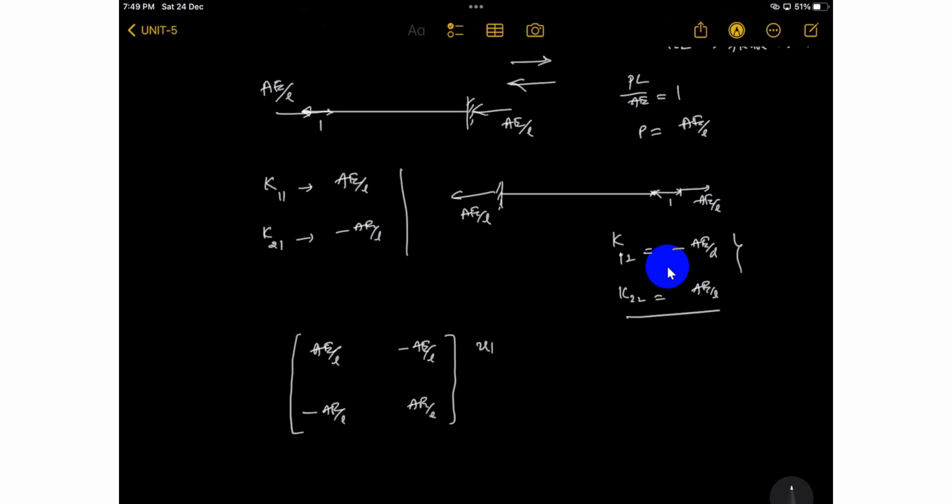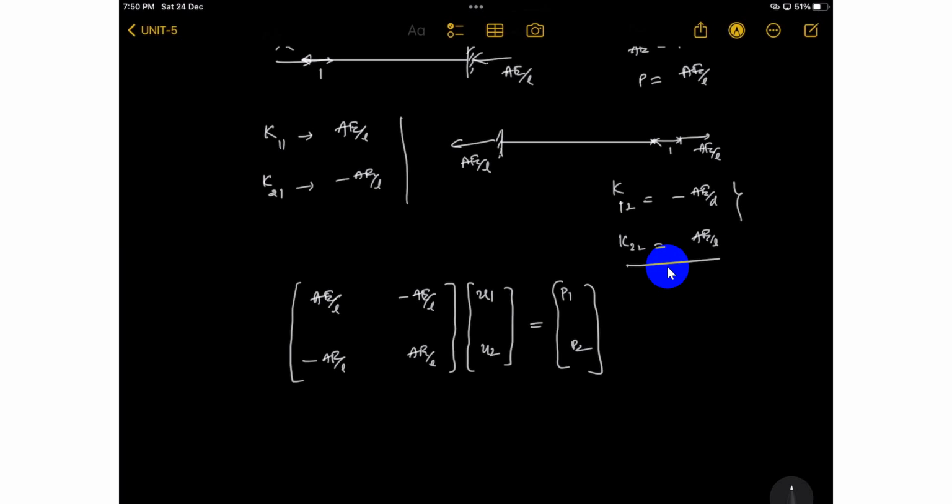The nodal displacements u1, u2 correspond to p1, p2. Don't ask for a fixed force vector as in the beam element; in this there is no fixed force vector. Those terms do not exist here.